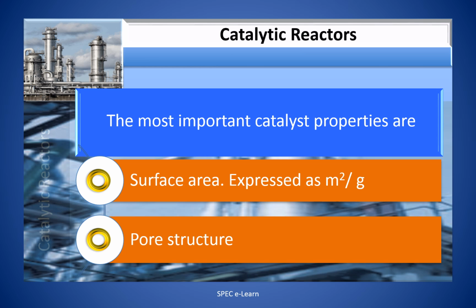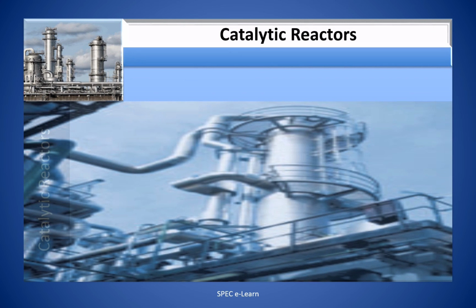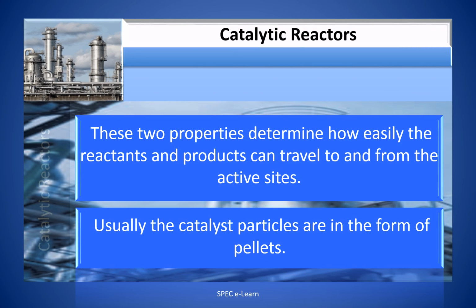The second one is the pore structure. These two properties determine how easily the reactants and products can travel to and from the active sites. Usually, the catalyst particles are in the form of pellets.